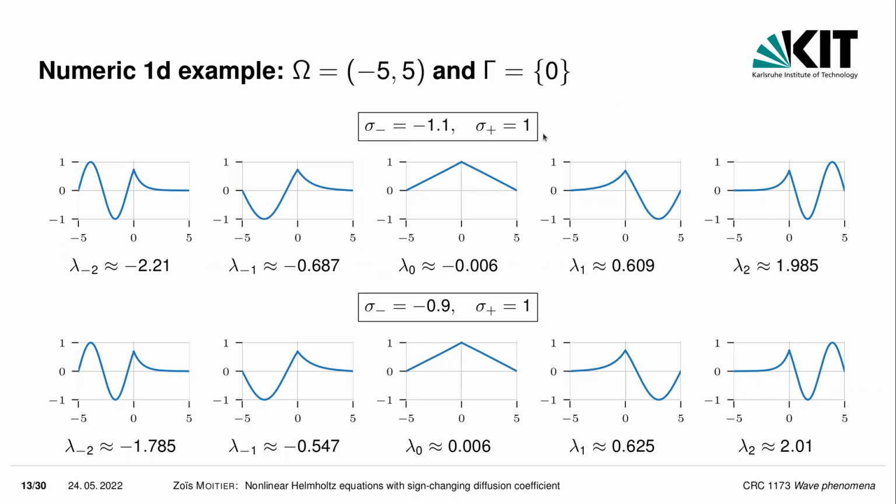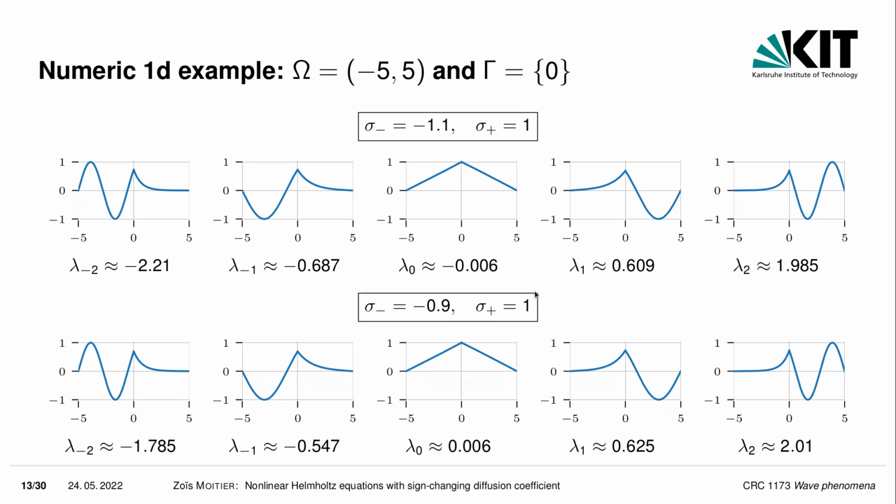And here I plot, let's say, the smaller in magnitude eigenvalues. And you can see that the positive eigenvalues will be oscillatory in the positive part of the domain and exponentially decreasing in the negative part of the domain. And for the negative eigenvalues, it's the opposite, no matter the value of sigma minus.